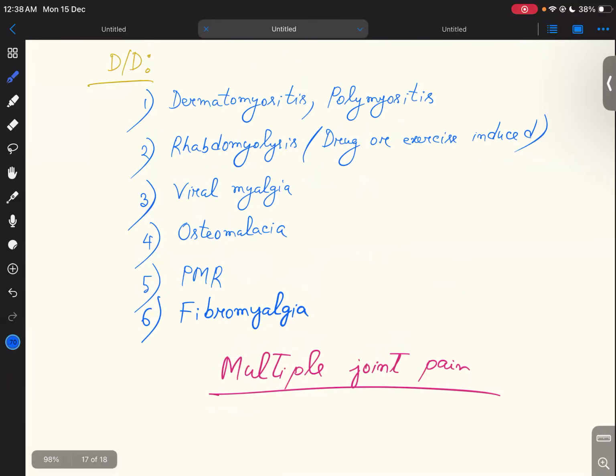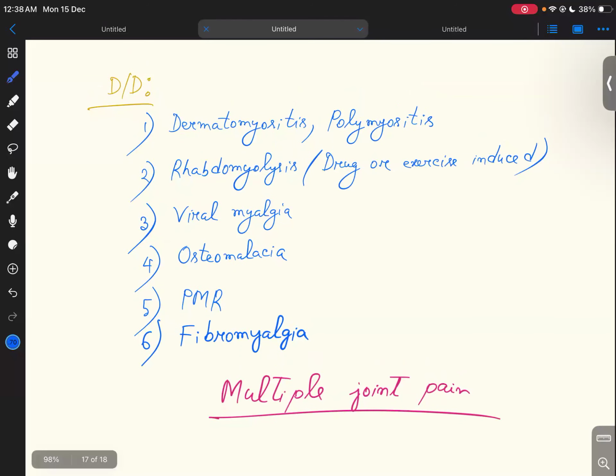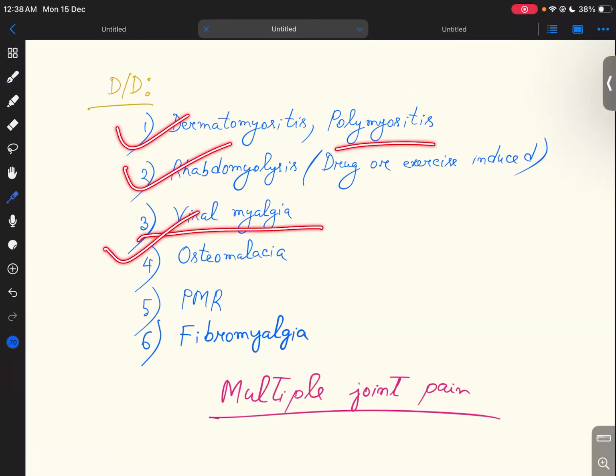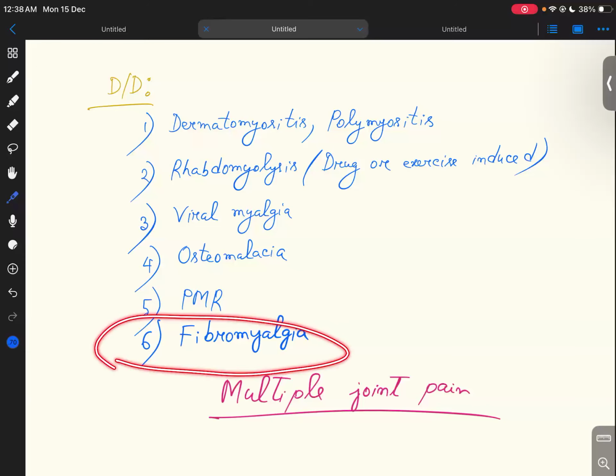We have to take the history of mood: what about your mood? So this will be the differential diagnosis: dermatomyositis, polymyositis, rhabdomyolysis, viral myalgia, osteomalacia, polymyalgia rheumatica, and fibromyalgia. And this case is also there; you will get this case. Fibromyalgia has come, and the prompt was actually fatigue.